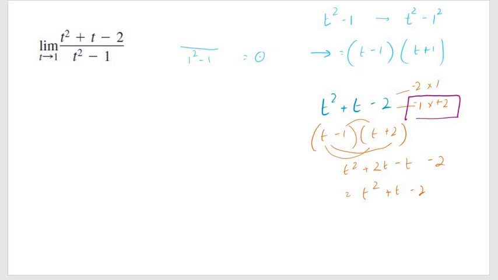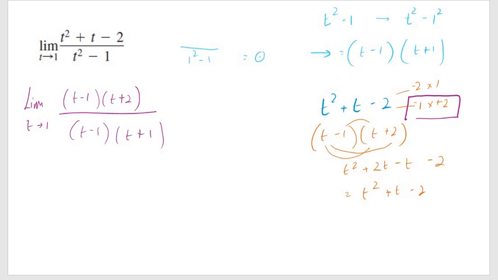We substitute this into the numerator, and this is the denominator. Limit as t tends to 1, the numerator is t minus 1, t plus 2, and the denominator is t minus 1, t plus 1. Now we see there are common terms we can cross off.